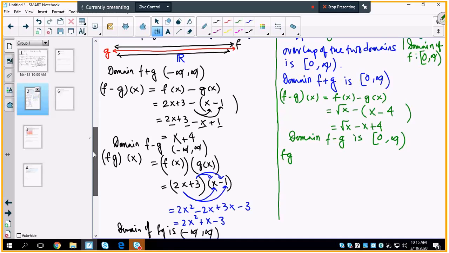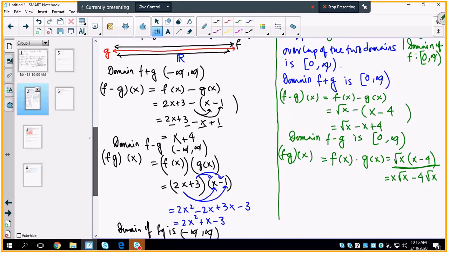f times g. f times g of x. Actually, let me write down the definition so that it reminds us every single time what we are trying to do. So it is f of x times g of x, and recall f of x is square root of x, and x minus 4 is your g of x. Now, if you want, you can actually go ahead and simplify this term as x times square root of x minus 4 times square root of x, which in my mind is no better than whatever we had in the previous line.